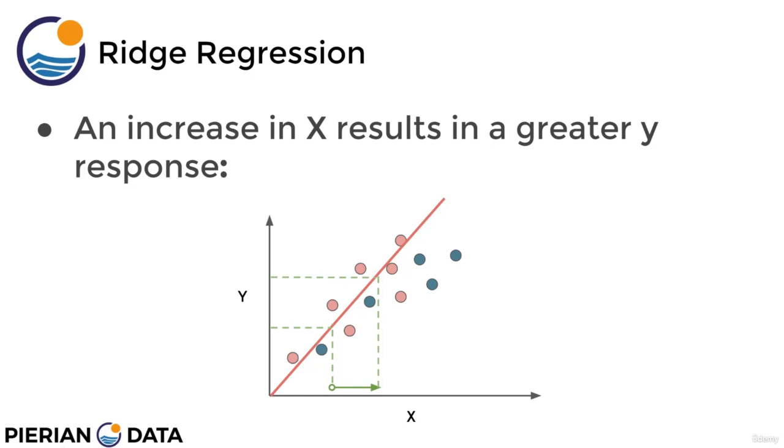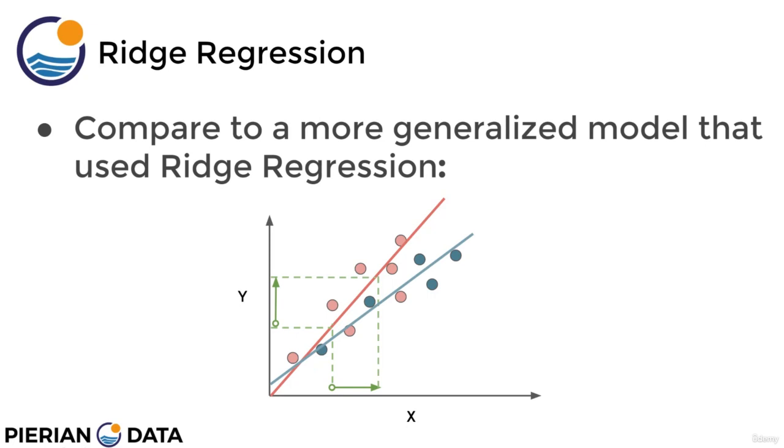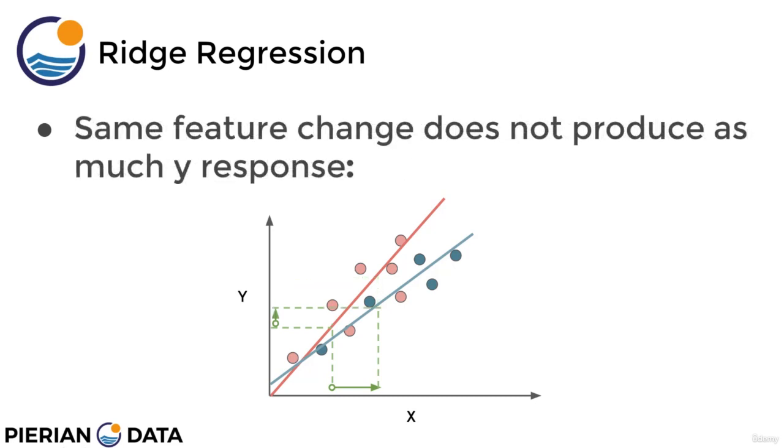If we add in this shrinkage penalty that in the case of one feature is punishing a large slope value, because it's essentially the slope squared that we are trying to minimize, then we get this less steep line. So comparing that to the more generalized model that's using the ridge regression error term, notice how much is actually being changed in the y response.